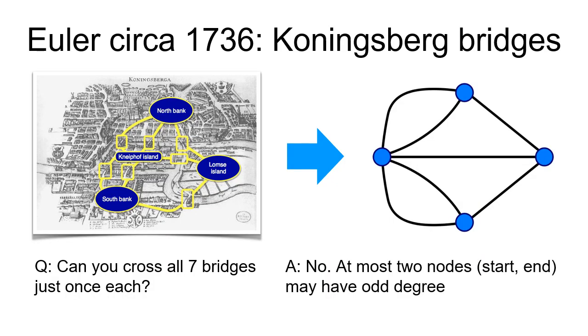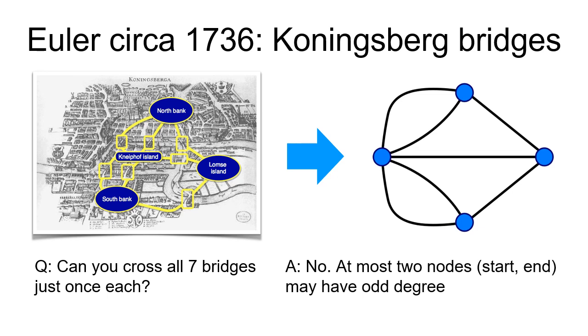For example, this is an example from 1736. The mathematician Euler solved the Königsberg bridge problem. That problem was given by his friend.